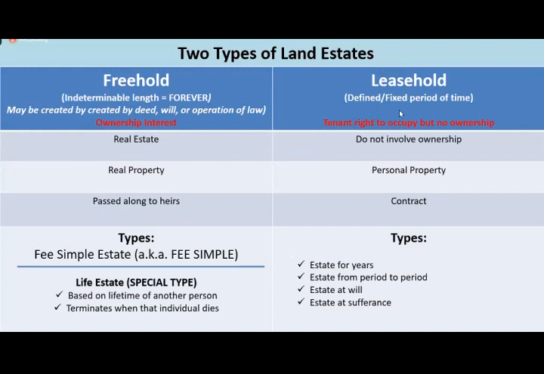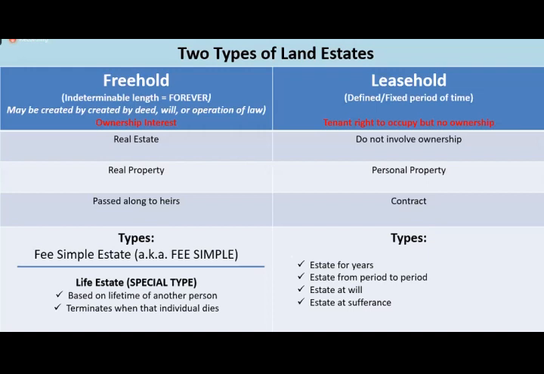So suppose that I'm married, I have a husband, right? But I have children by a previous marriage. I really ultimately want my children to benefit from my estate. But I don't want my husband kicked out of the house either. So what I might consider doing is giving him the right to live there for the remainder of his life, right? I'll give him a lifetime estate.